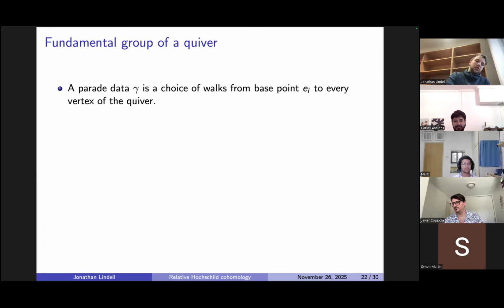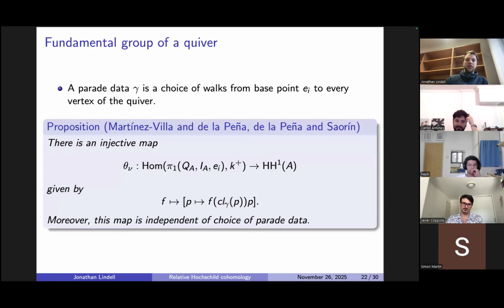So it just tells us how to get from the base point to any other vertex in a fixed way. And then it was shown by Martinez-Villa and De La Peña, also De La Peña and Saorín, that there is an injective map from the dual of the fundamental group to the first Hochschild cohomology given by the following formula.